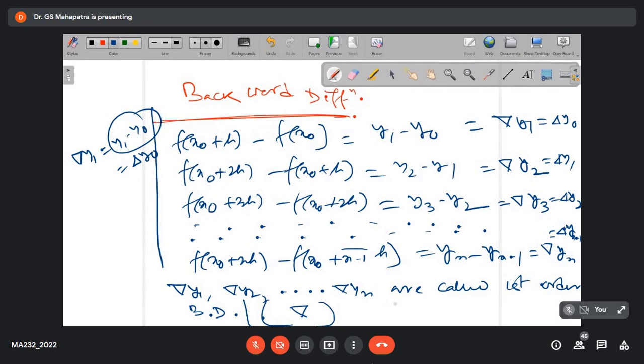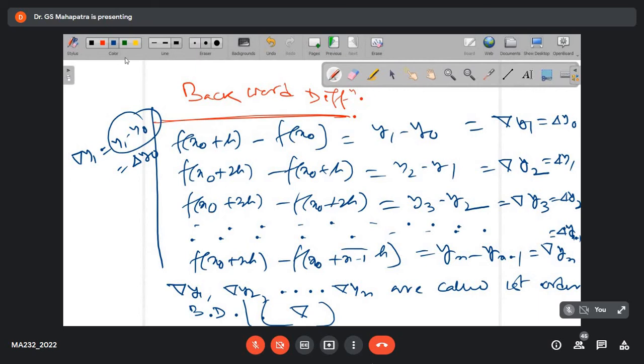We will generalize it in the next slide. Before that, these are the first order differences. So what is the second order backward difference? The difference of the first order backward differences is called the second order backward difference.